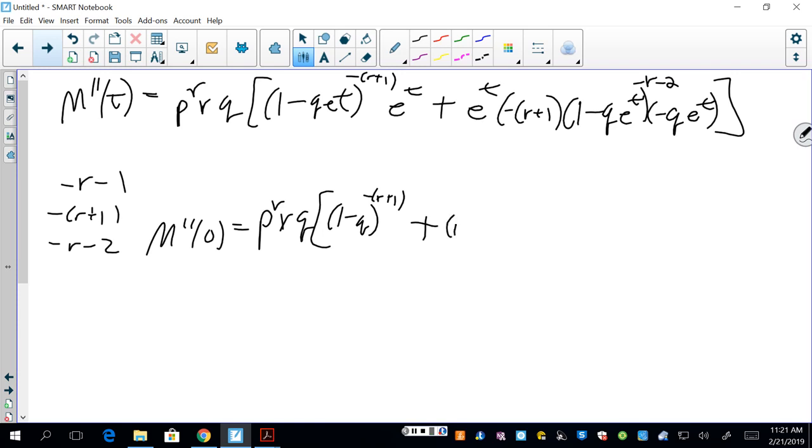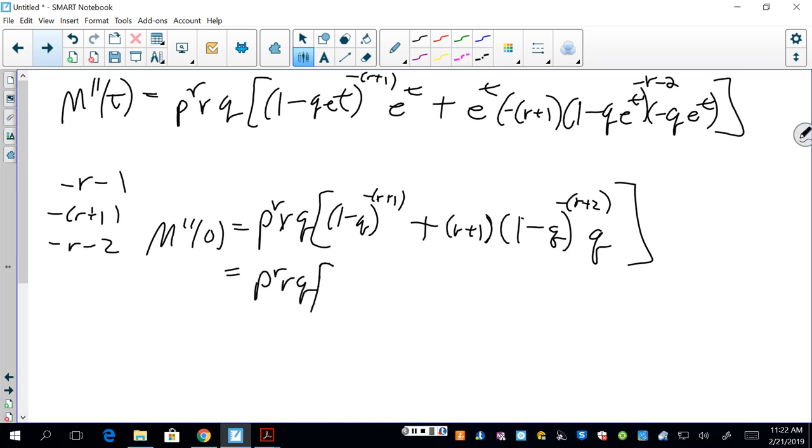So there's an r plus 1 e to the t. Oh, the e to the t's go away, sorry. E to the 0. And then 1 minus q to the negative r plus 2 up here, and a q. And that's p, right? So then we have p to the r times q.